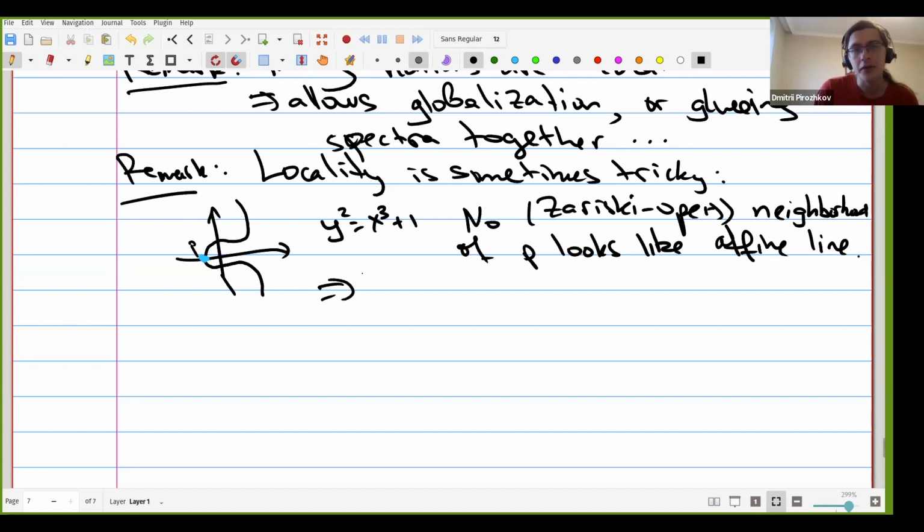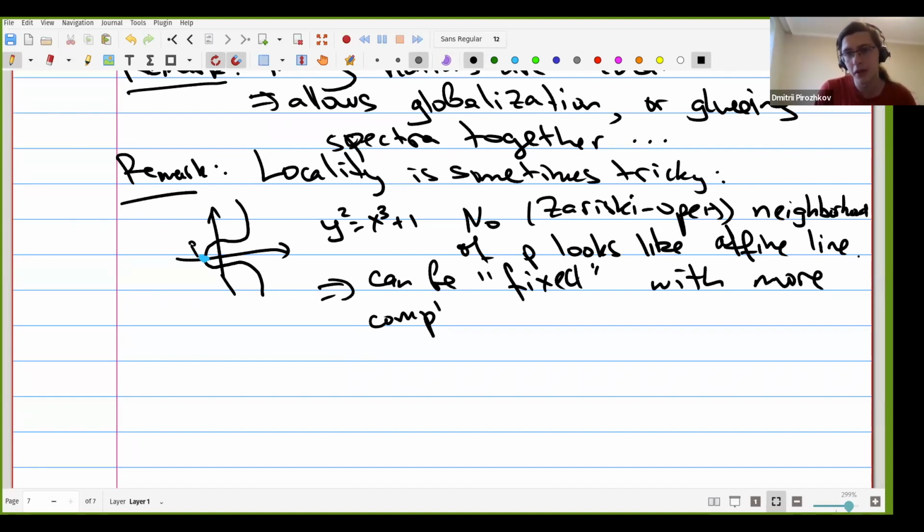But this can be kind of fixed with more complicated notions of "neighborhoods".